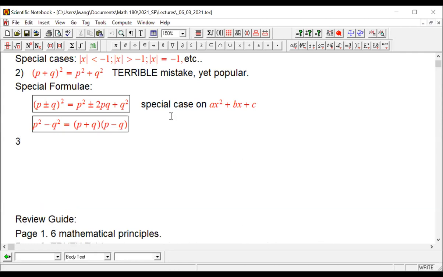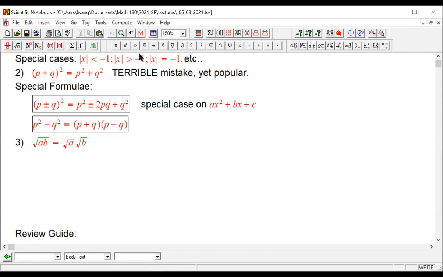Okay, number 3, that's true. Of course, in the domain. This is related to what function?